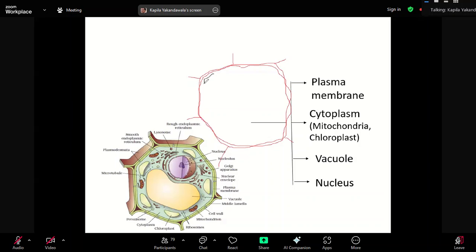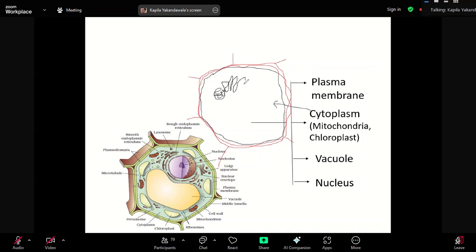Interior to the cell wall, you have the plasma membrane. This solution is called cytoplasm. Then cells have a nucleus. Within the nucleus, you may have nucleoli, one or a few.